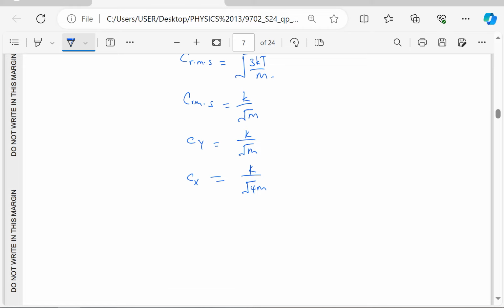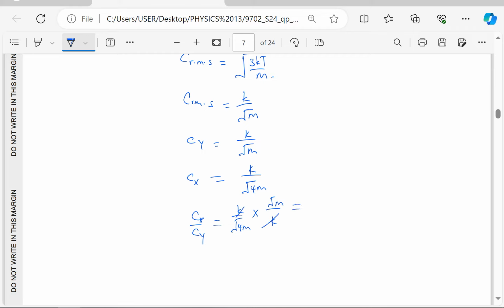So when you compare the two equations, let me just compare X and Y. So I'll say Cx divided by Cy is going to be equal to k over root of 4m times the reciprocal, root of m over k.